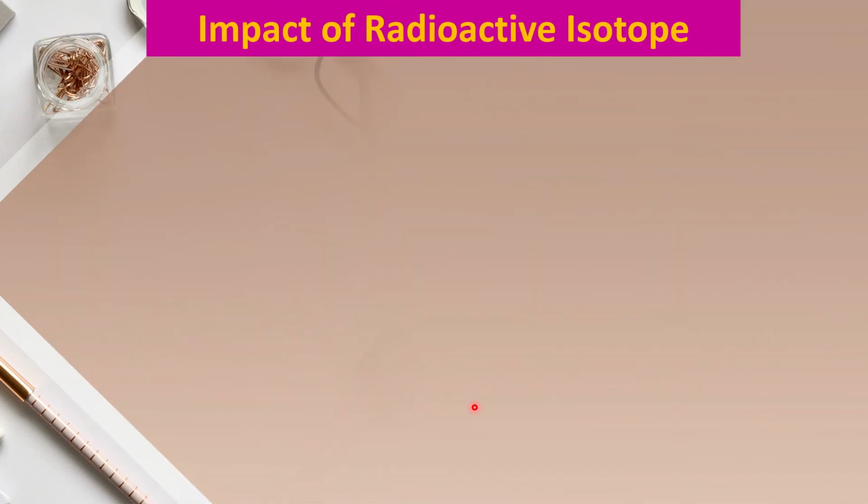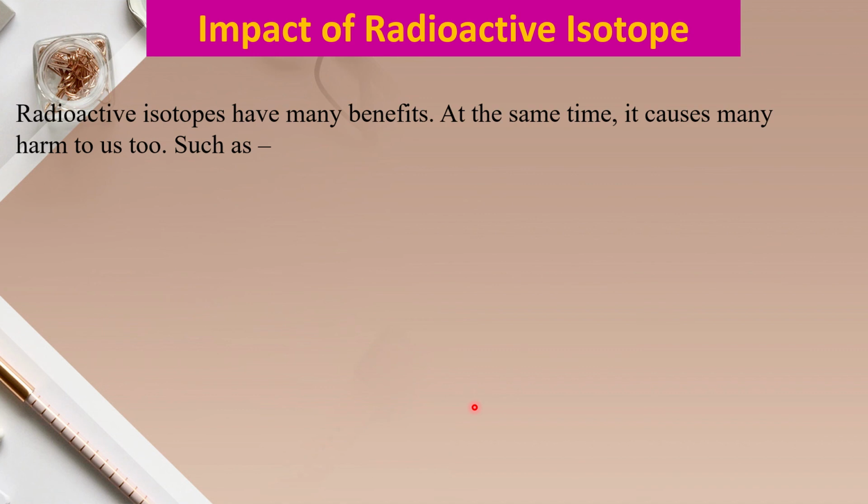Now, dear students, there are many good effects of radioactive isotopes, but is there no bad effect of radioactive isotopes? Yes, there are many bad effects of radioactive isotopes also. It is true that radioactive isotopes are there for a good number of benefits, but at the same time they have the potential to harm us too.